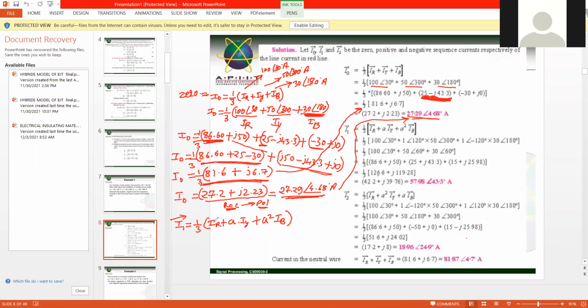So calculate this value. IR. How to get the a? Yes, what is the value of a? How do we take a?